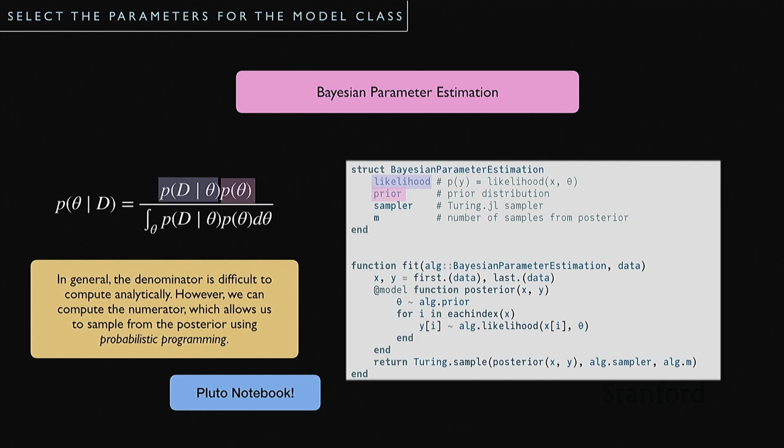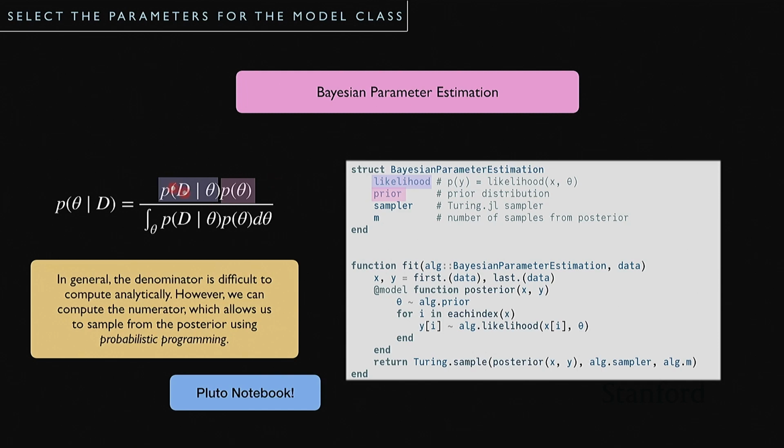This is enough to tell Turing what to do in order to actually get samples from the posterior. Again, this might seem a little like magic to you. It probably should, because if you don't know the inner workings, it's hard to see what's going on here. But what I really want you to grasp is just that if we can compute this numerator, which we can many times, then we can draw samples from this posterior.